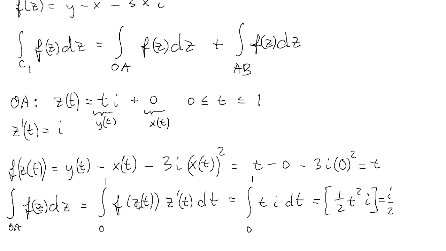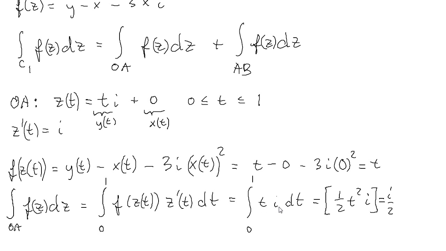What's that? Well, we have already written what it is. It's equal to t, so it's very easy to find this function. And we have also found that the derivative of z with respect to t is equal to i. So we substitute these values into this general expression and get this integrand.